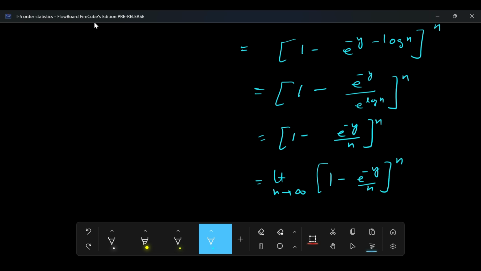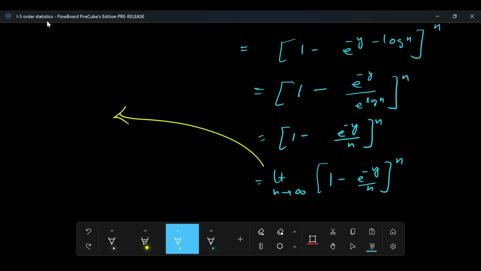Now see, how will we solve this? As you know, when you have the indeterminate form 1 raised power infinity, then we use the formula limit n tending to infinity of f of x raised power g of x equals e raised power limit of (f of x minus 1) into g of x.